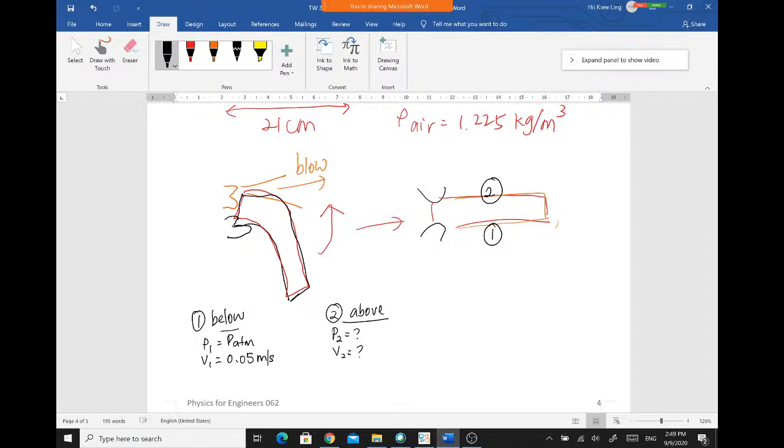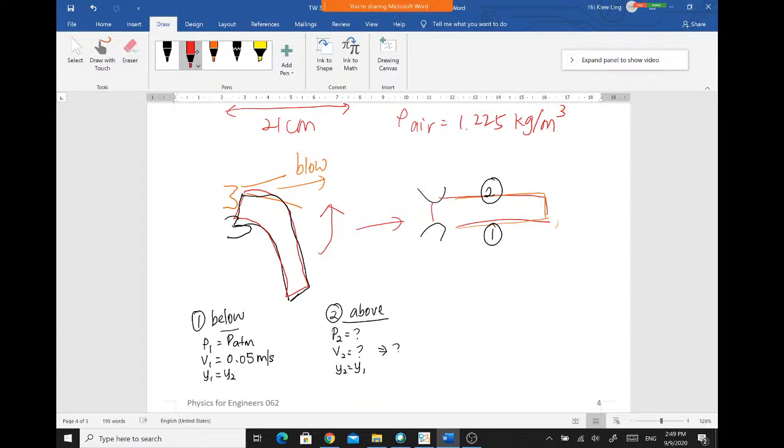For this case we will just assume the elevation will be the same, because it is only a difference of the thickness of a piece of pepper. So y1 will just be equal to y2. Okay, so what we want to find now is the minimum velocity of the wind on top of the pepper.